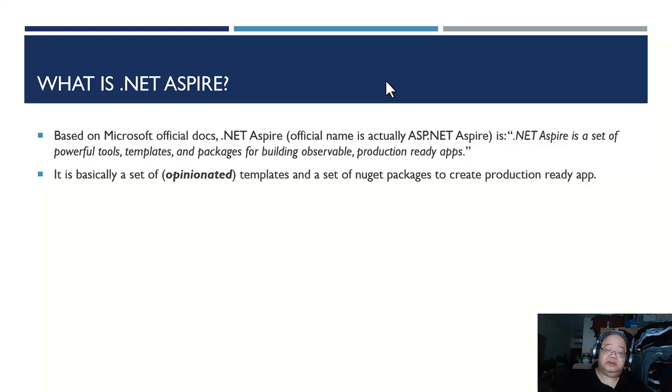So you can create templates of both solution and project, which is interesting because usually you create templates separately for solution and for project. And it also comes with a set of NuGet packages. But this is the easiest way to create a .NET Aspire app, because if you are creating enterprise-ready apps, you cannot do this using the default template that is brought by .NET Aspire.